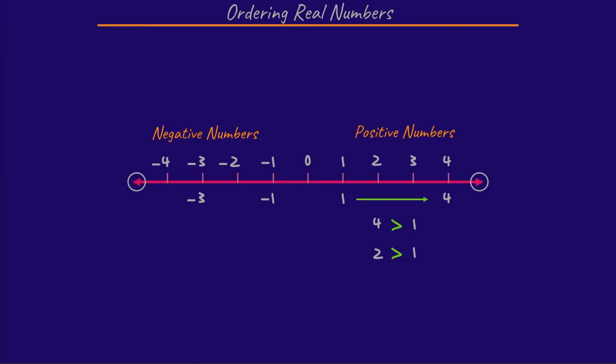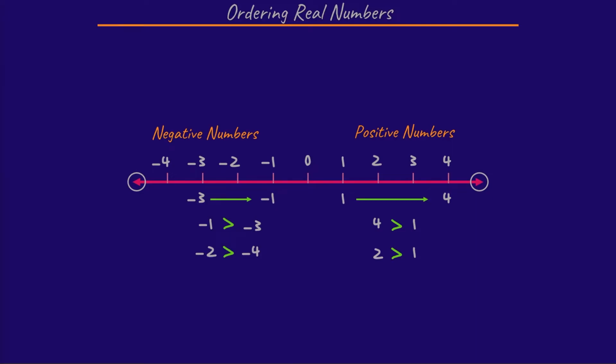We can see that -1 is to the right of -3, so we can say that -1 is greater than -3. We also can say that -2 is greater than -4 because it lies to the right of it.